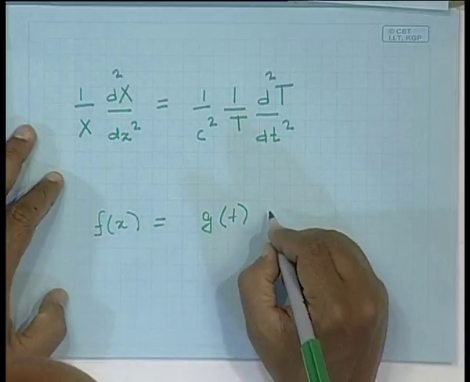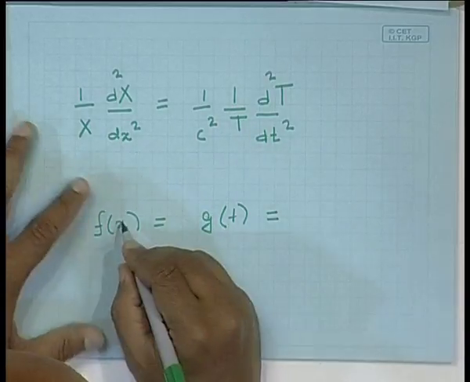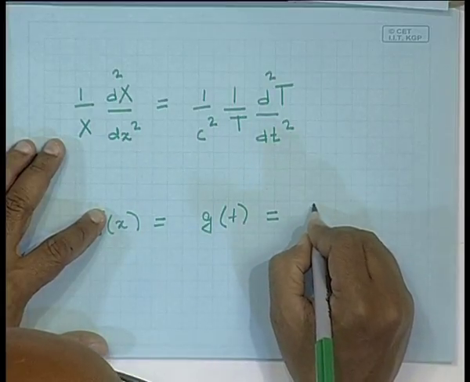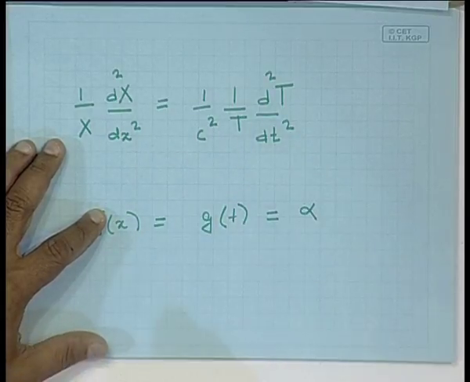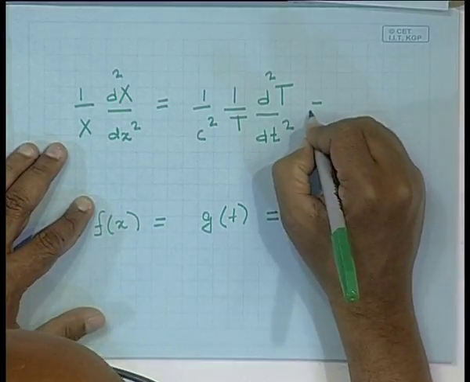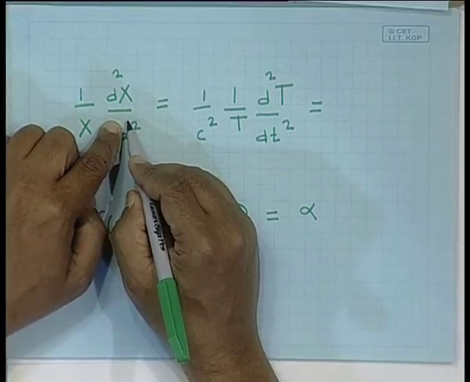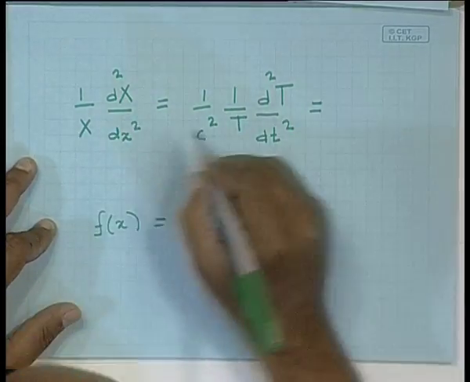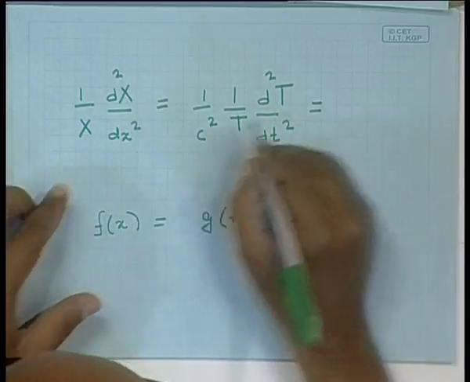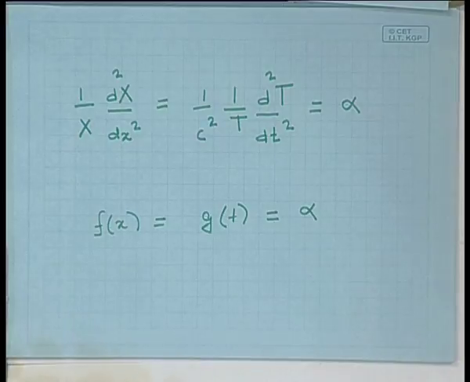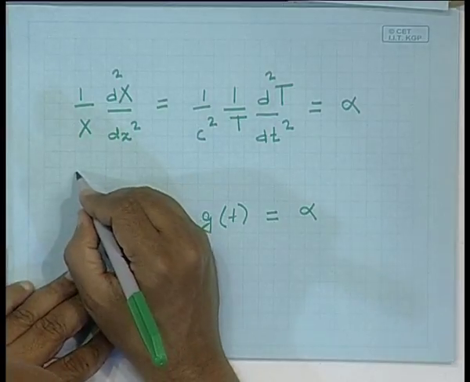What this tells us is that each function has to individually be equal to a constant. So, we will call this constant alpha. They have to be separately equal to a constant, and that constant we are going to call alpha.